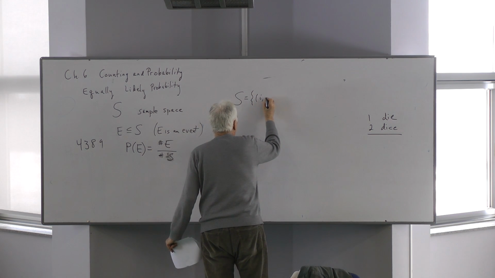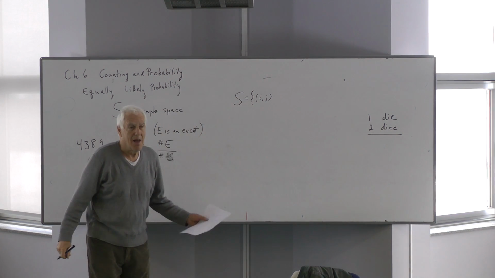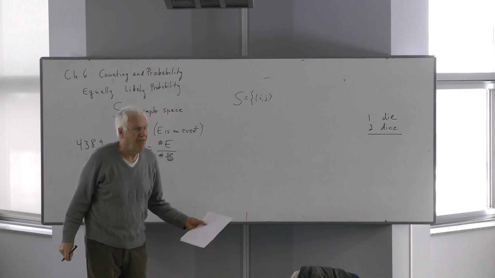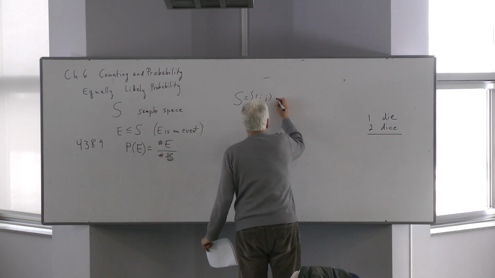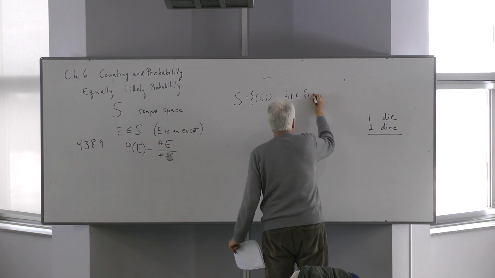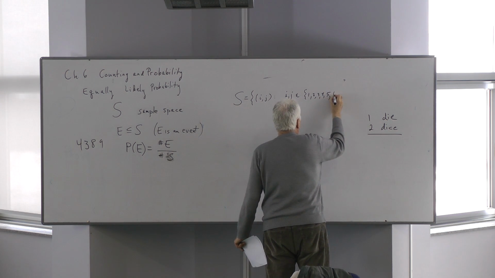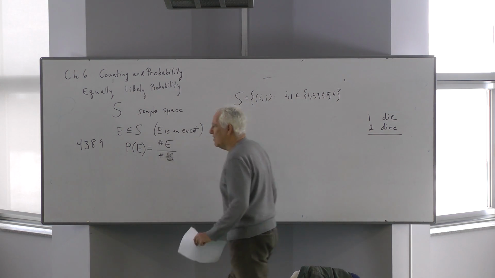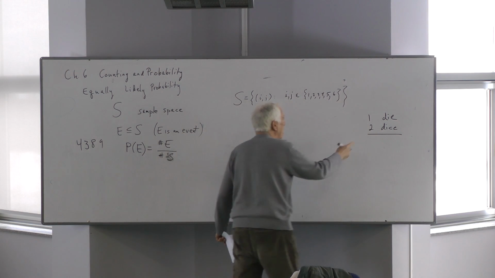One cube could have an I and the other could have a J, and I and J are both picked from the set 1, 2, 3, 4, 5, 6. That's the experiment of throwing 2 dice.